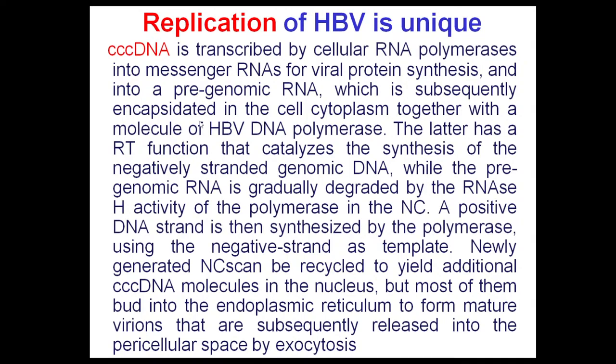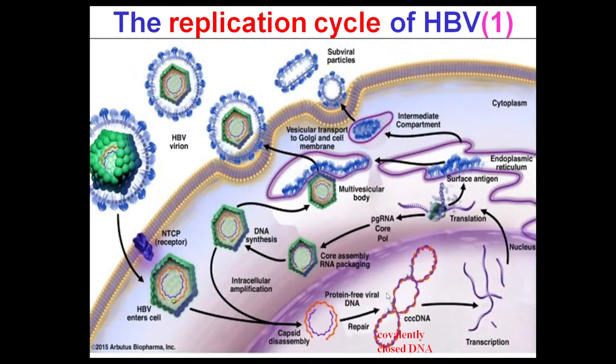Then they will be encapsulated into the cytoplasm together with the molecule of hepatitis B DNA polymerase. The DNA polymerase has reverse transcriptase function that catalyzes the synthesis of the negative-stranded genomic DNA. That's what we can see here.